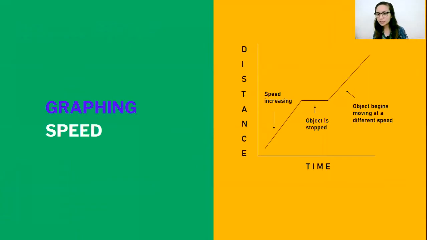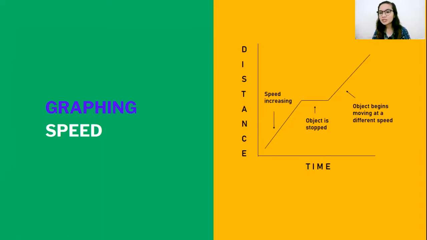Okay, now how do we graph speed? I have here an example of a graph, a general perception in graphing speed. You have your distance as your y-axis and your time as your x-axis. So if your speed is increasing, basically your line goes up in a diagonal direction, and when your object is stopped, you have a straight line. It means that the object is still, or staying at a certain position.